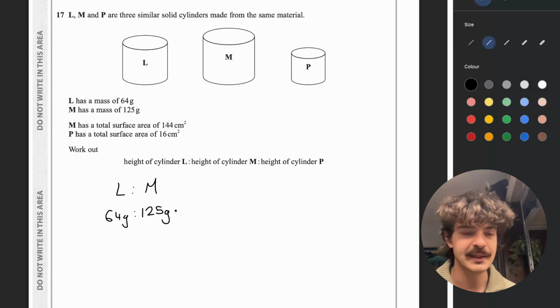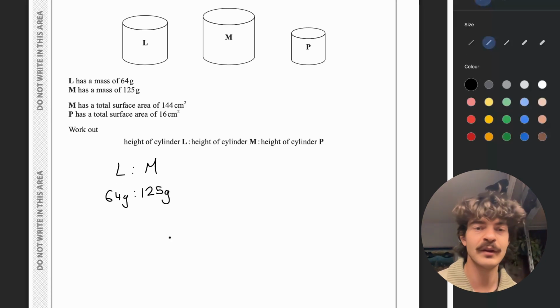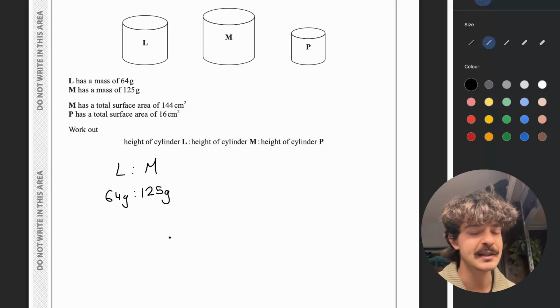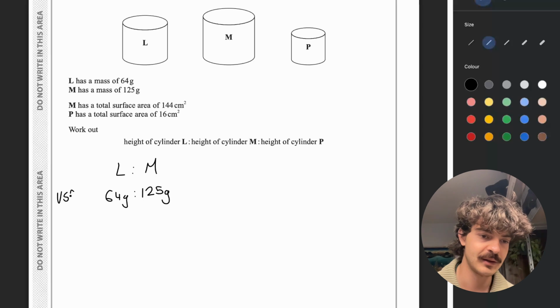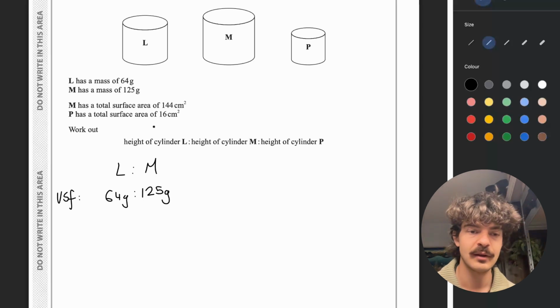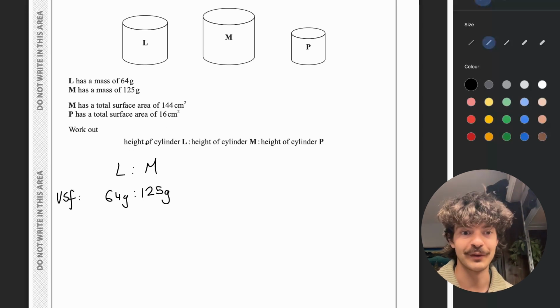Now, masses are a metric of the internal area of these shapes in a similar way to volume, right? So you can think of this as a volume-like scale factor. So to be able to get the linear scale factor from this volume scale factor, right? Look at this, right? We want to find the heights of each.